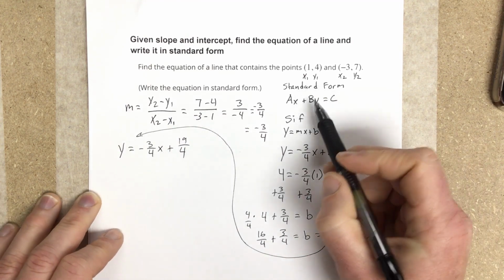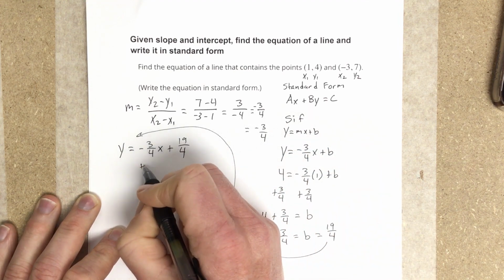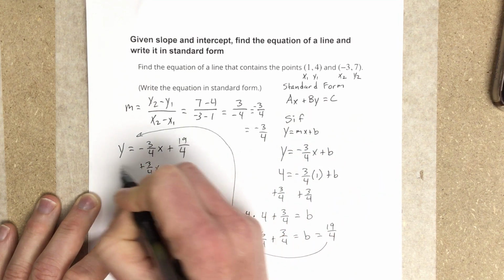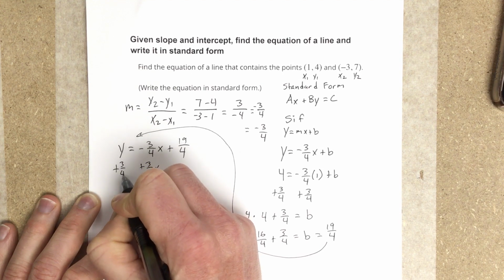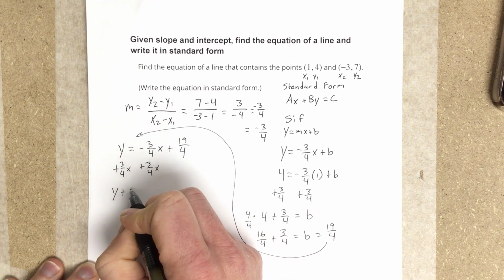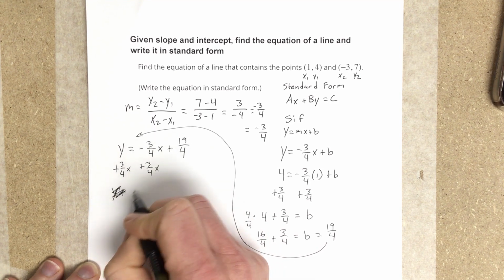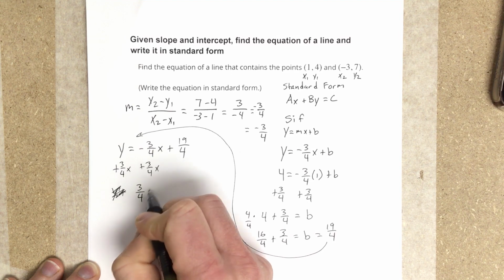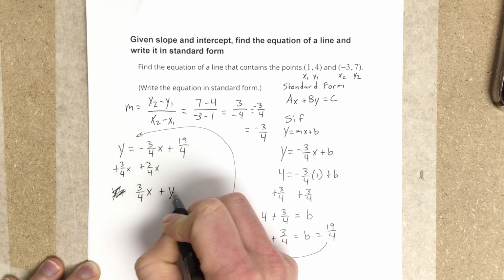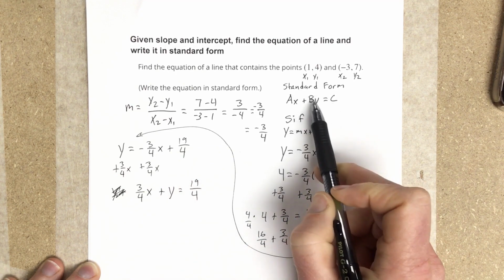Now to get it in standard form, you see x and y are on the same side, so I just need to add 3 over 4 x to each side. And I get y plus, actually I don't want to write it that way. Let's write 3 over 4 x plus y equals 19 over 4. So I got x and y on the same side now.